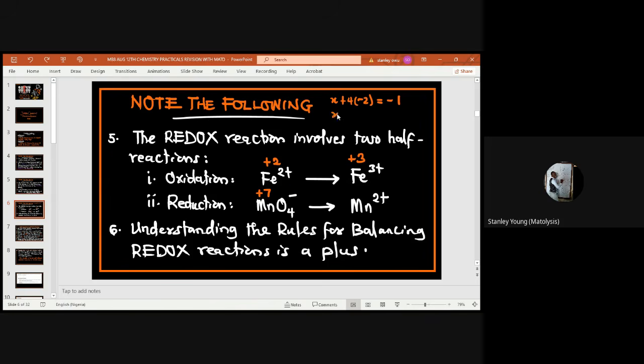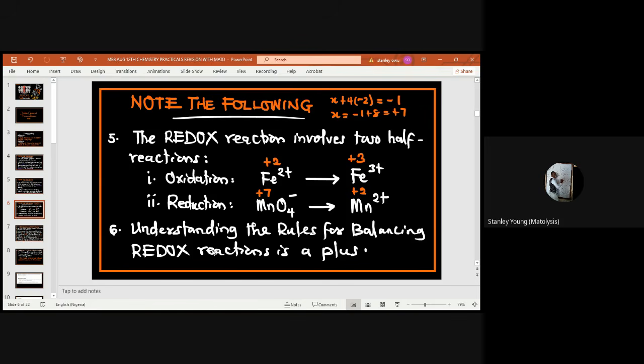So when you isolate X, you end up having -1 plus 8, and that gives you +7, which emphasizes that manganese has +7 as its oxidation number in the permanganate ion. Then here we have a +2. So this is a reduction because we have something falling from +7 to +2.